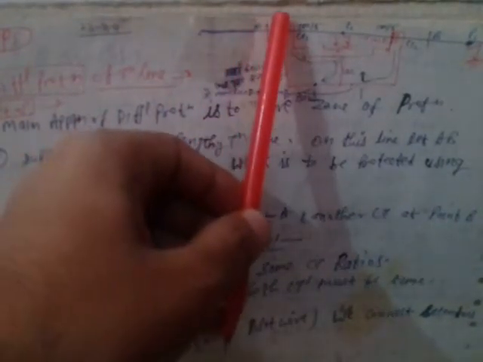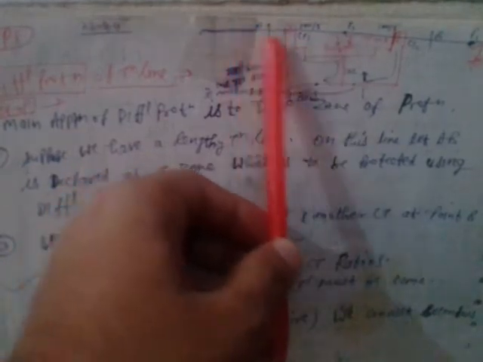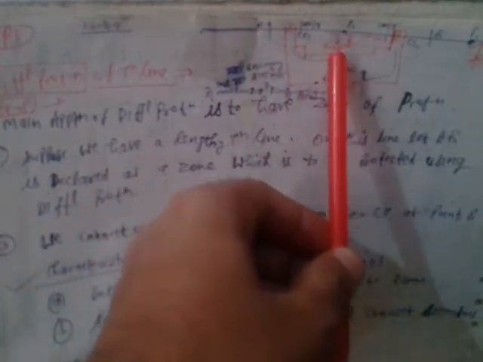So the CT1 primary current is 900 ampere and the CT2 primary current is 100 ampere. So the CT1 secondary current is 45 ampere and the CT2 secondary current is 5 ampere. So the difference of current in the relay operating coil will be 45 ampere minus 5 ampere, equal to 40 ampere.